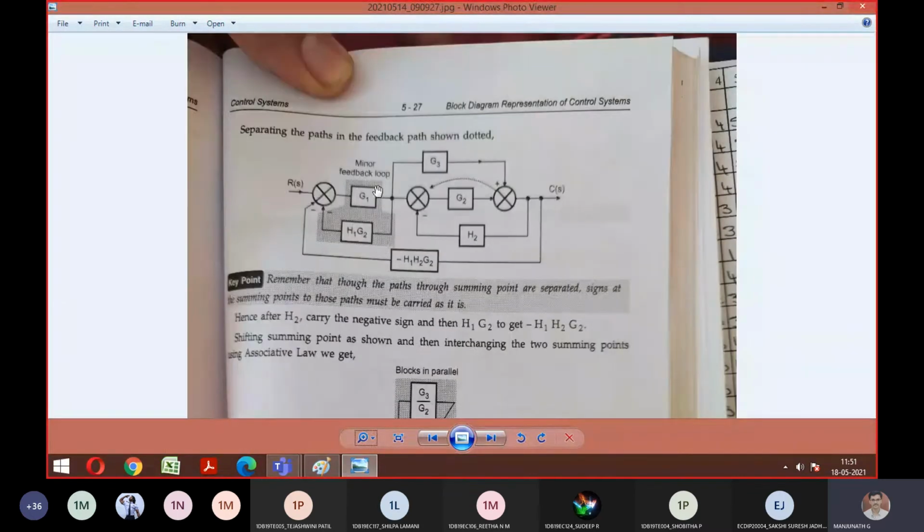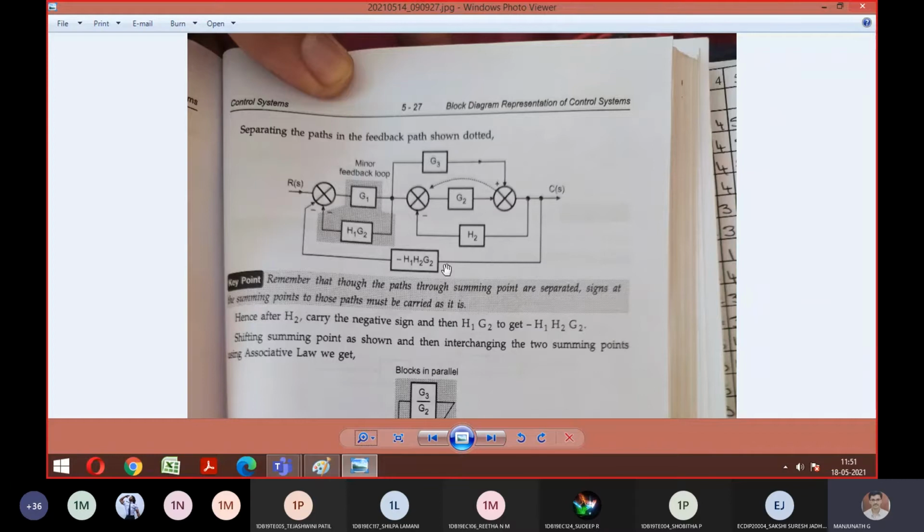This is separate, and you can make one more path here, because of both connections given. Is it okay till here to everyone? If you have doubts, ask me, I'll repeat once more.